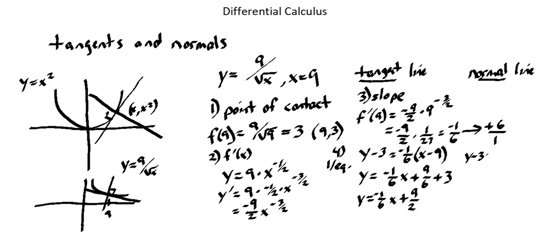Y minus 3 equals 6 times x minus 9, and y equals 6x, and we can see there we have the steep positive slope we're expecting for the normal line, minus 54 plus 3, bringing the negative 3 over by adding 3 to both sides. My final equation for the normal is y equals 6x minus 51.